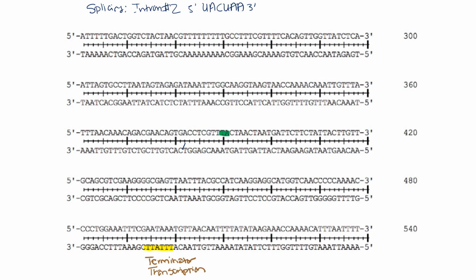So we got TACTAAC. Where I've highlighted, that is going to be the branch sequence of your intron. So this is your branch. What is the beginning of your branch? That nucleotide T at the beginning is position 391.